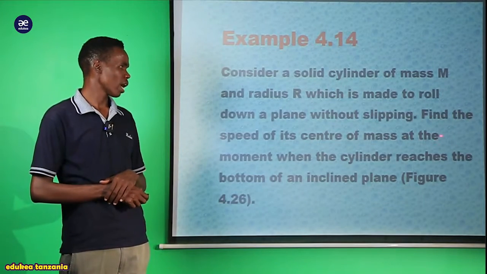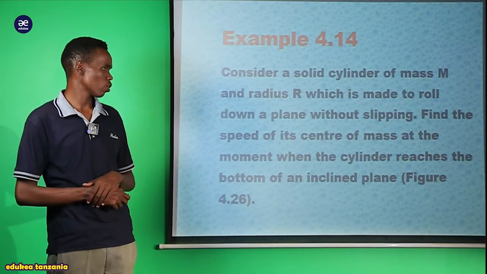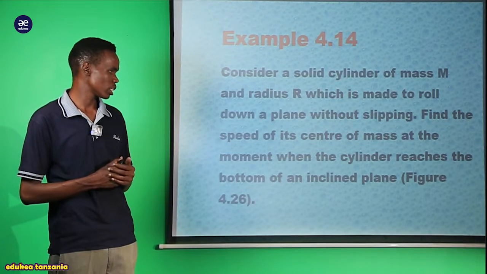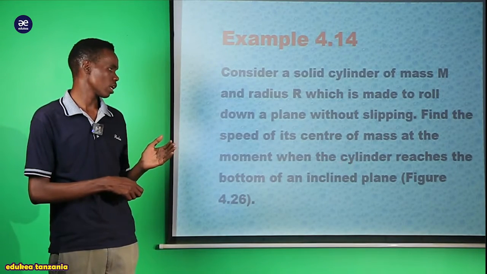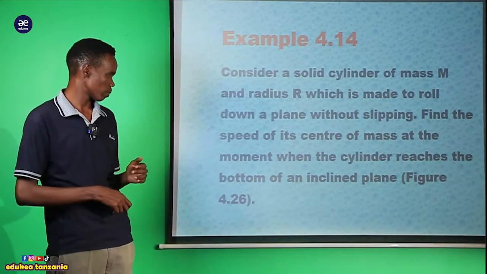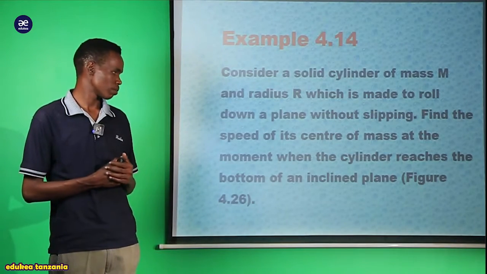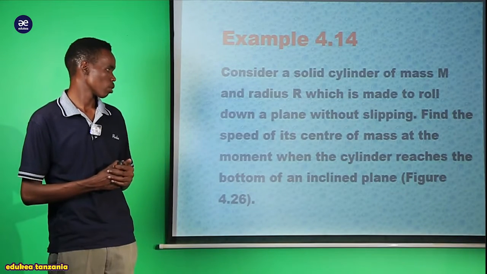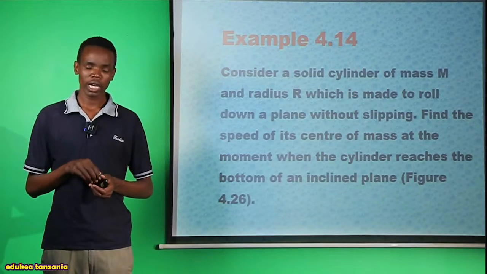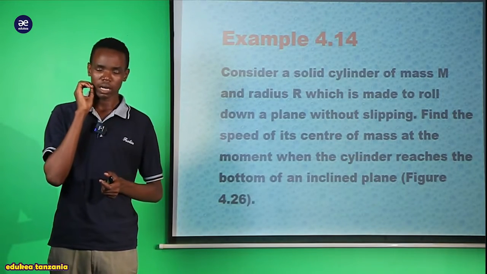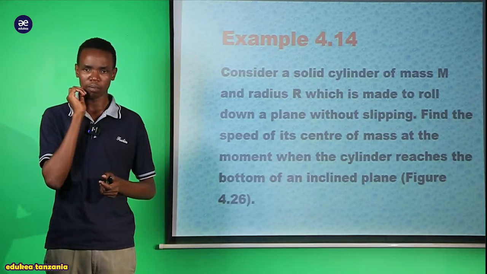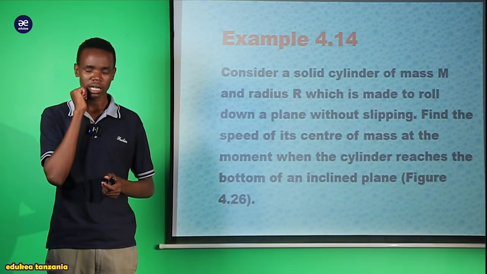Now, how can we find the speed of its center of mass when the cylinder reaches the bottom of the inclined plane in the figure? Find the speed of its center. Now we have the cylinder containing the mass m and the radius r.